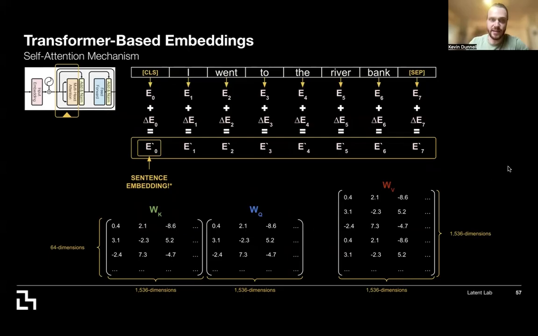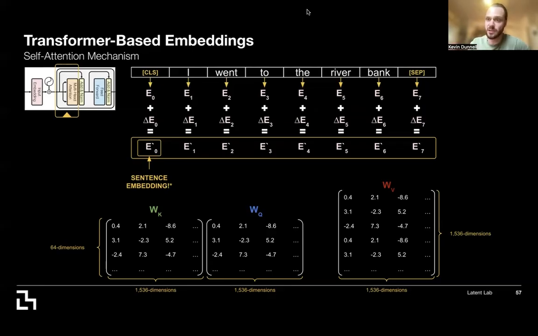And so adding this sequence of changes to all of our corresponding embeddings provides us a sequence of richer, more contextualized embeddings coming out of the attention block. So this whole process is one single head of attention. And the entire process is parameterized by these three different matrices, the key, the query, and the value matrix, all of which have these tunable parameters, which are learned in the training process.